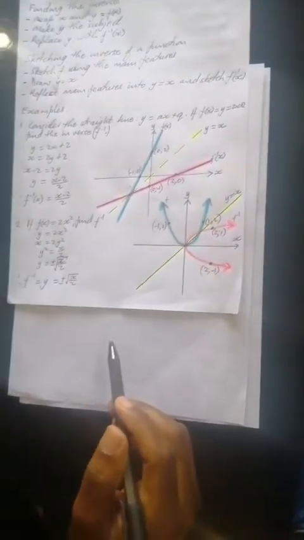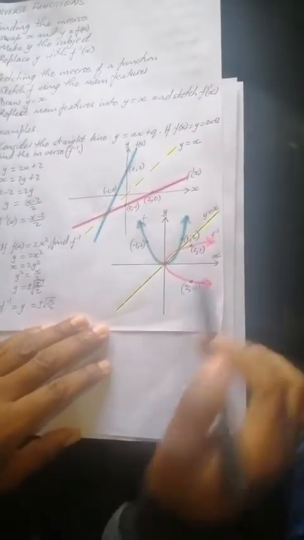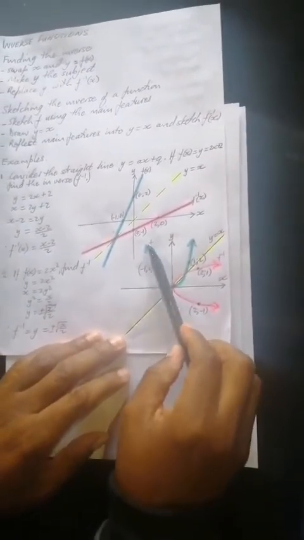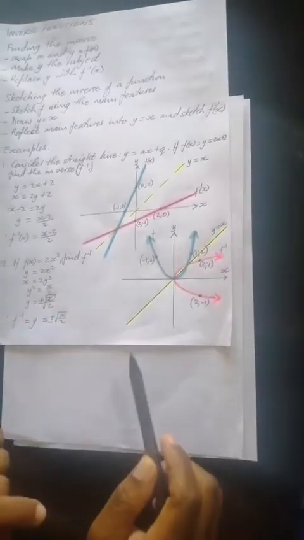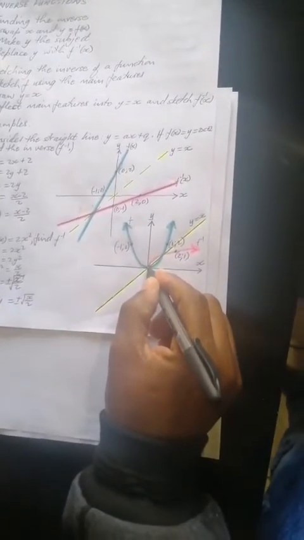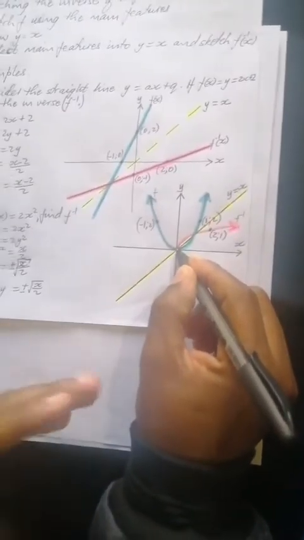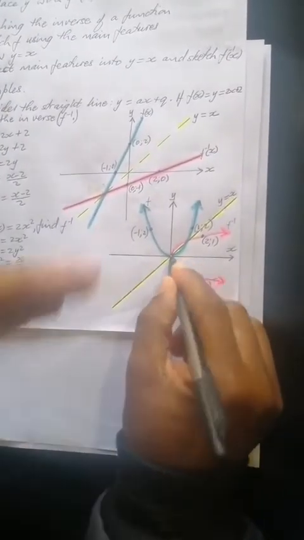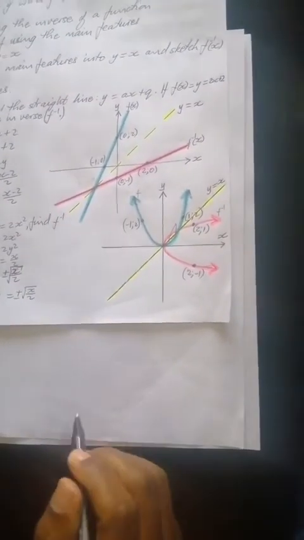So for us to make the red one a function, we need to restrict the domain of the blue graph, which means if you are at the turning point of the blue graph, you notice that there is x to the left, which means x is less than 0, and x to the right, which means x is greater than 0.